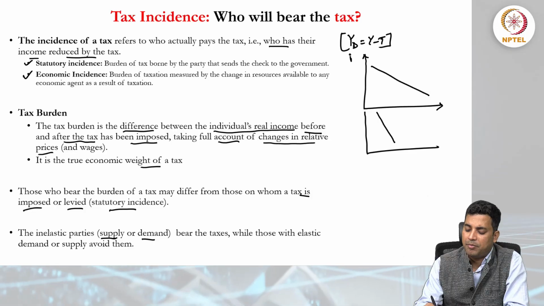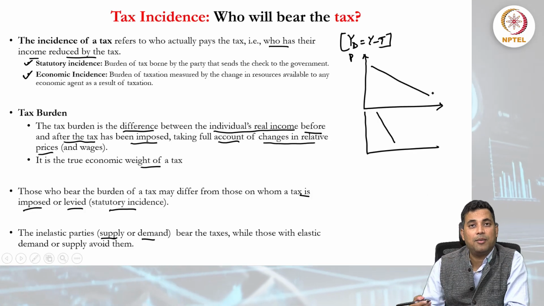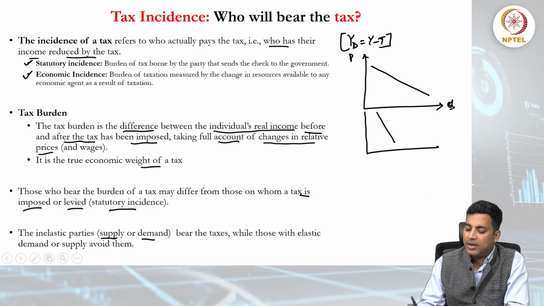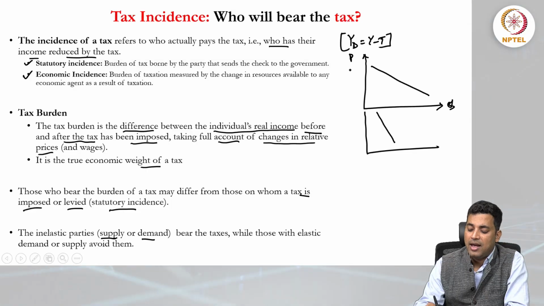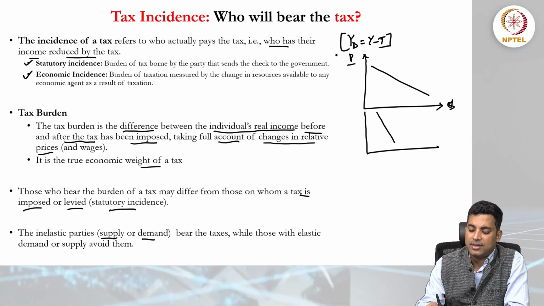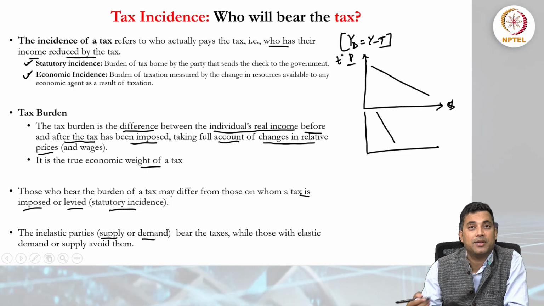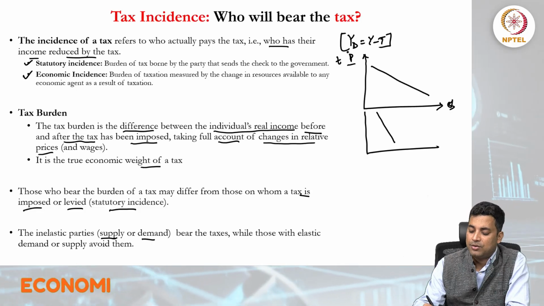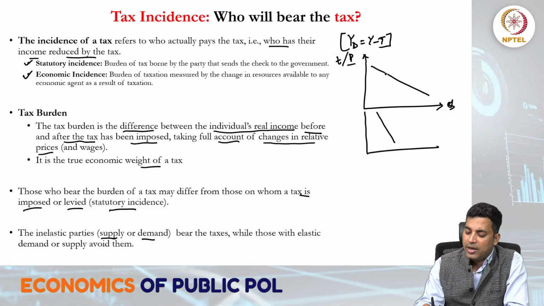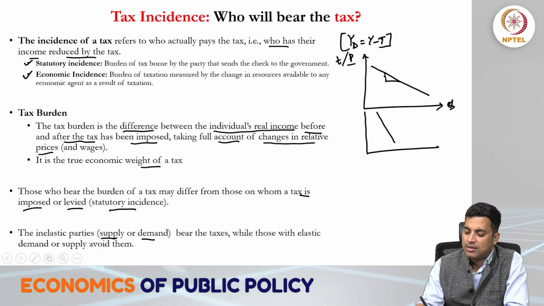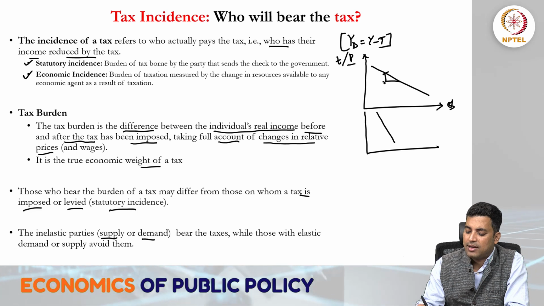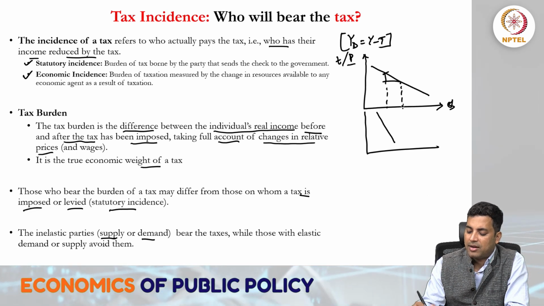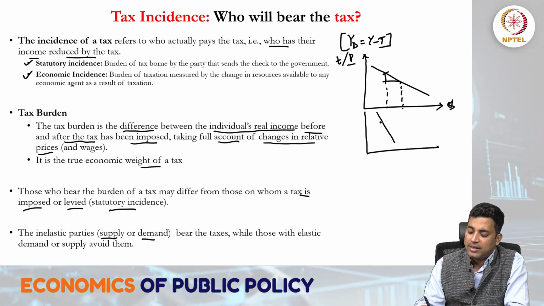If we consider P as the price along the vertical axis, and Q the quantity demanded on the horizontal axis, and P we can also consider as a tax, tax as a price, or tax incidence. So here we can see smaller changes in the price are creating higher changes in the quantity.